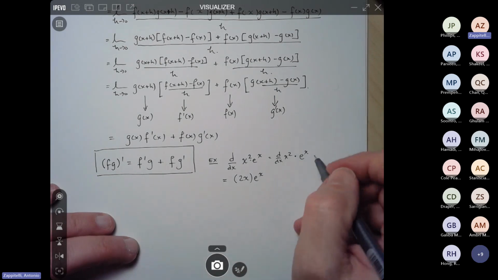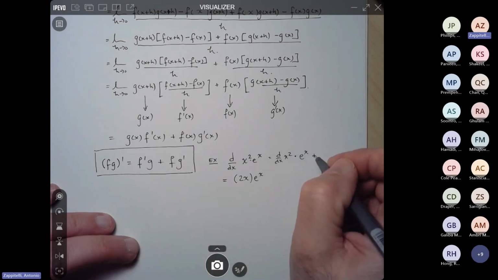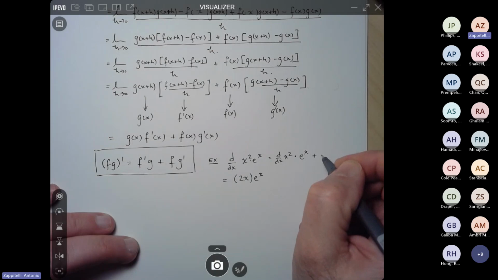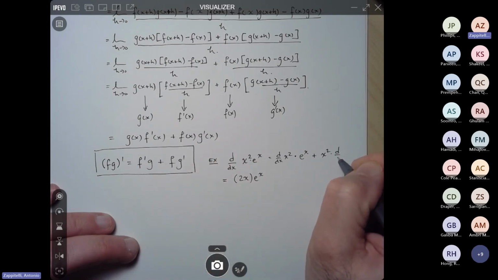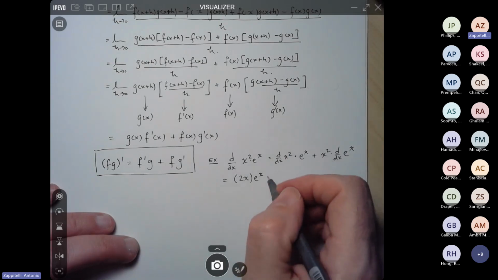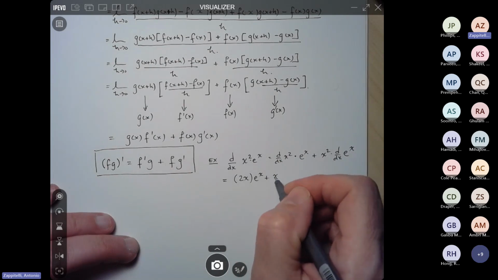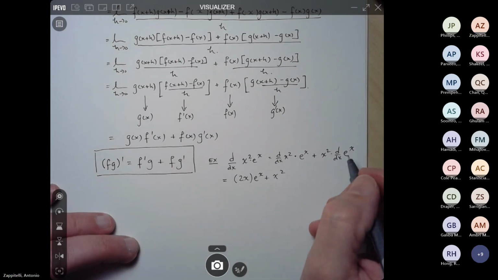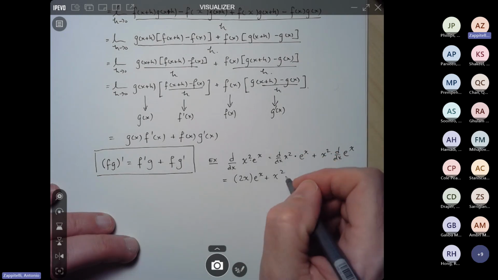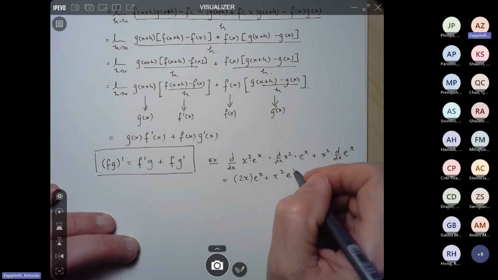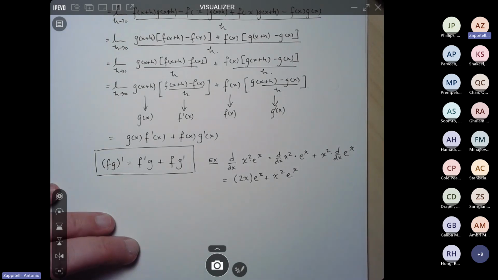And then what does the second part of the rule say? It says plus the first function, which is x squared, times the derivative of the second function, e to the x. And of course, the derivative of e to the x is just e to the x.